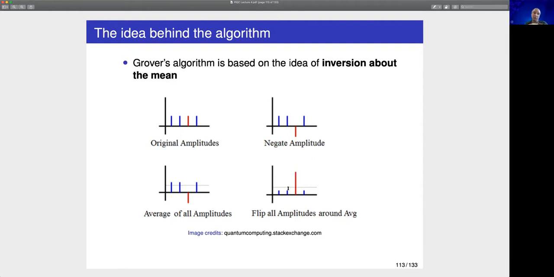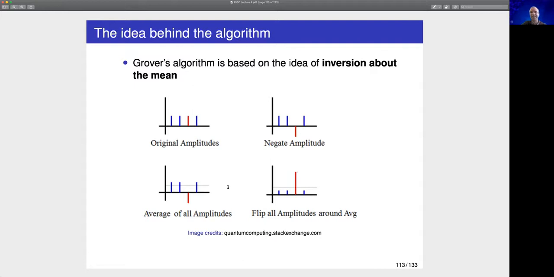That is why we call this inversion about the mean, because we are doing a reflection around this mean. The ones that are above are going to be a little bit below, and the one that was much more negative, the one that was below the mean, is going to come on top.